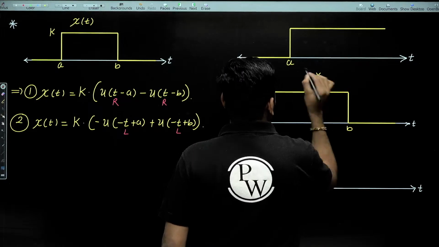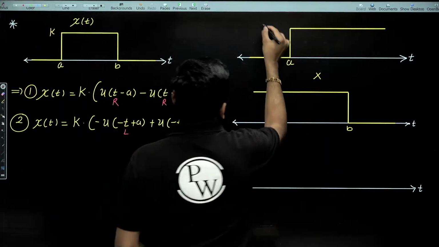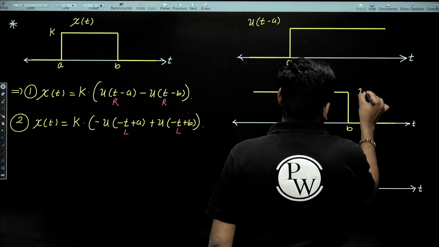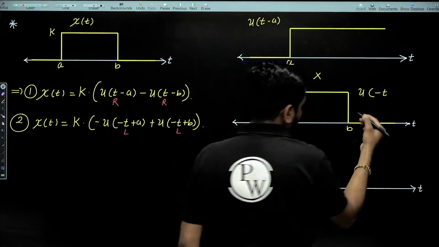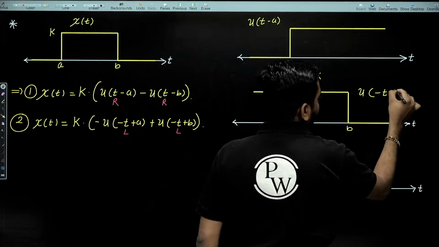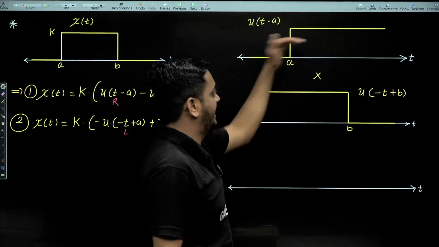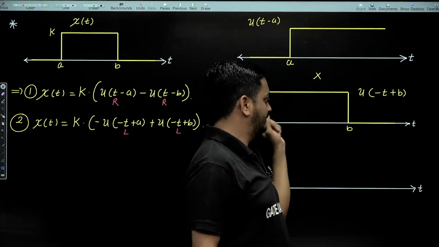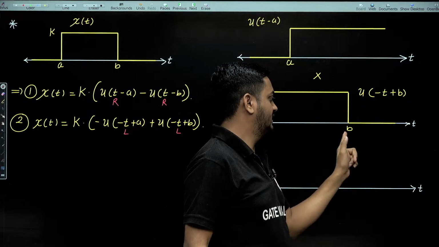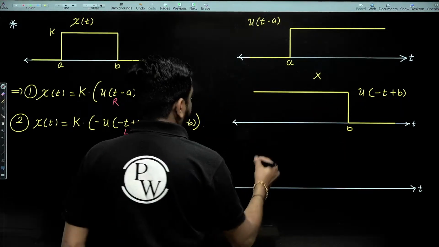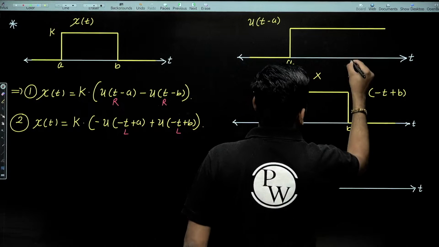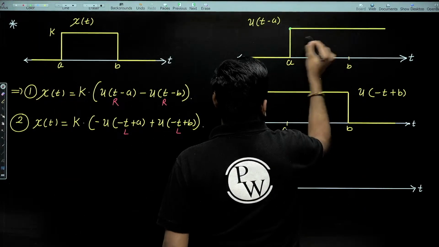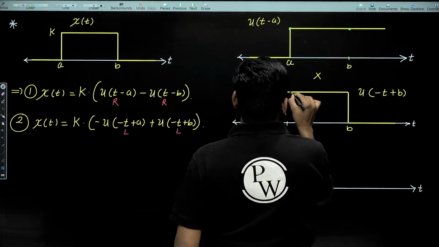Now multiplication, guys. First is u of t minus a. Second is u going left side, that's why minus t, and plus b here, correct? This is right sided, that's why u of t, starting at a, opposite sign minus a. This is going left side, so minus t, and same sign plus b. Now amplitude multiplication, suppose k.